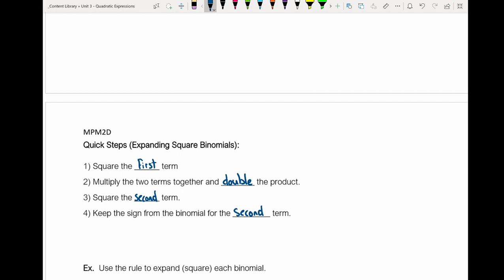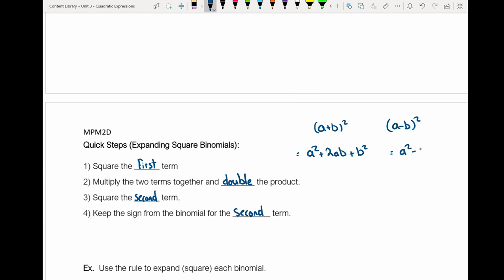So if we want to write out our pattern again, just to see where that is, it's a squared, 2ab, b squared, and then the sign will be based on whatever it is in the binomial.